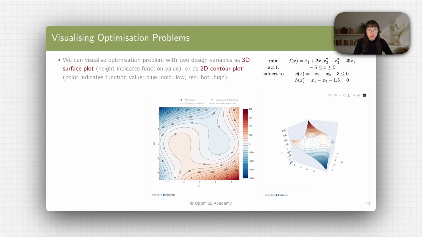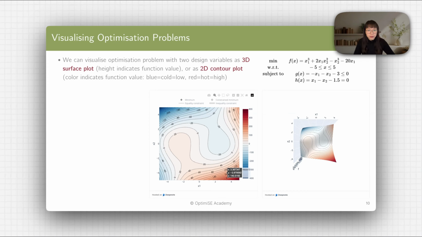So you can see from the plot that points over this area would have a low objective value, and points over this region here would have a very high objective value because it has a very red color. The redder it is, the higher the value of the objective function, and the bluer it is, the lower the objective value.